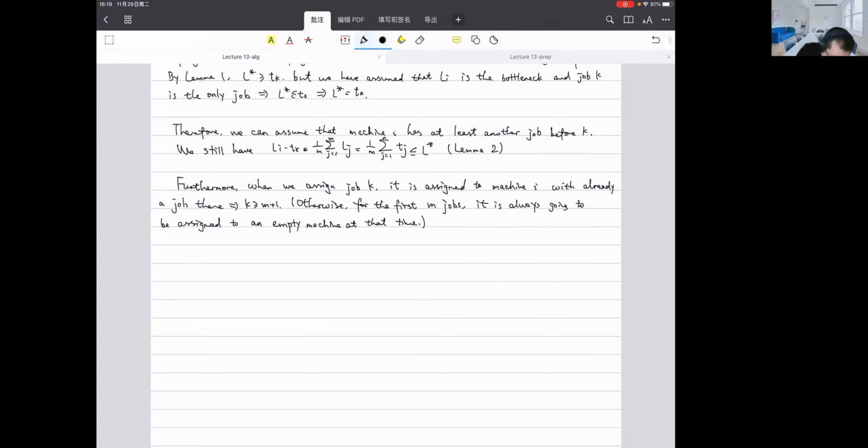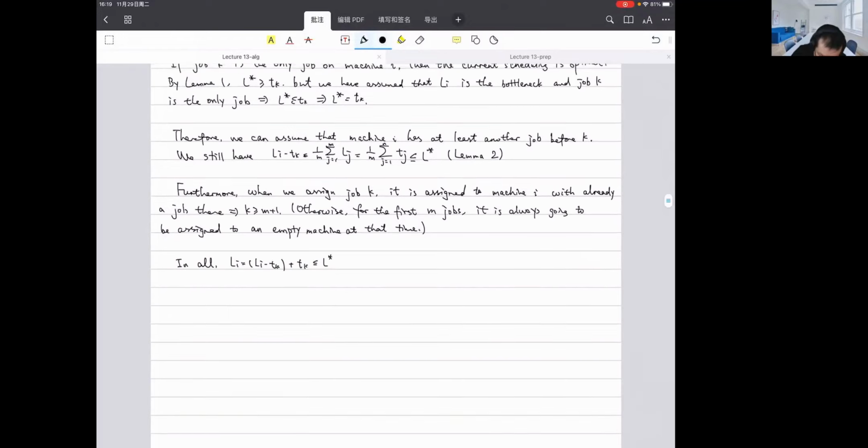So in all, we have Li equals Li minus Tk plus Tk. Above, we have shown that Li minus Tk is smaller than L star. And because K is at least m plus 1, and all the jobs are assigned in descending order, we know that Tk is smaller than or equal to Tm plus 1.